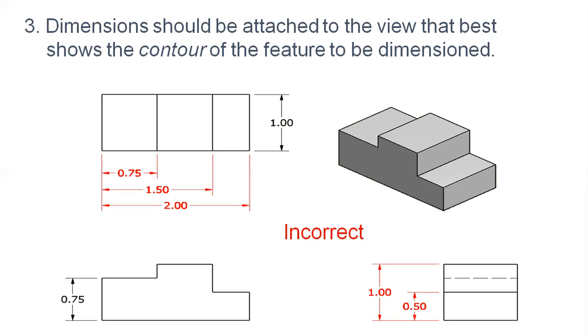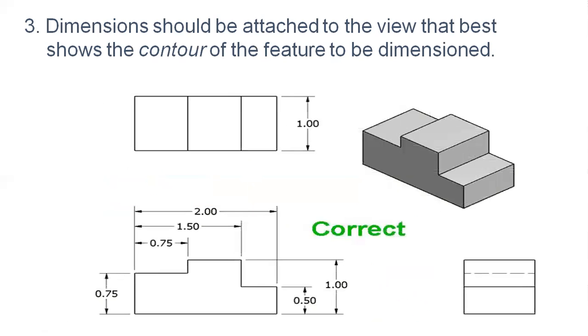You can see the 0.5 and the 1 mm dimension is already shown. It says that dimensions should be attached to the view that best shows the contours of the object. In one of the views, you should show the dimensioning so that it will be clearly mentioned. Now I will show the correct way.